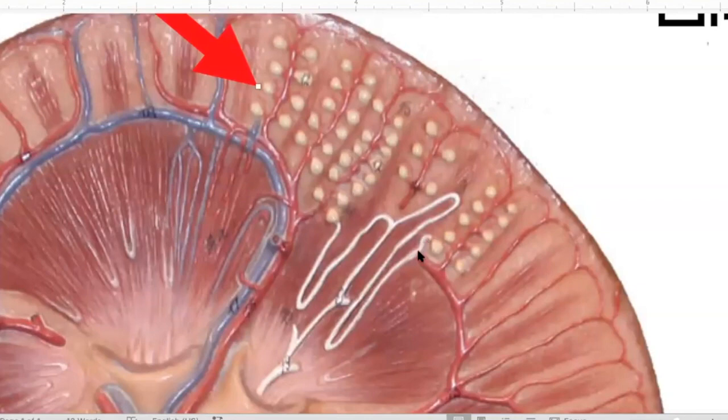And then it goes down deep into the renal pyramid and back up. As long as it is in the renal pyramid, that's called the loop of Henle. And then when it comes back up out into the outer part, the cortex, then it's called the distal convoluted tubule, even though this is pretty straight, but very often it's very wiggly. And then after that, it goes into one duct that goes all the way down into the renal pelvis.